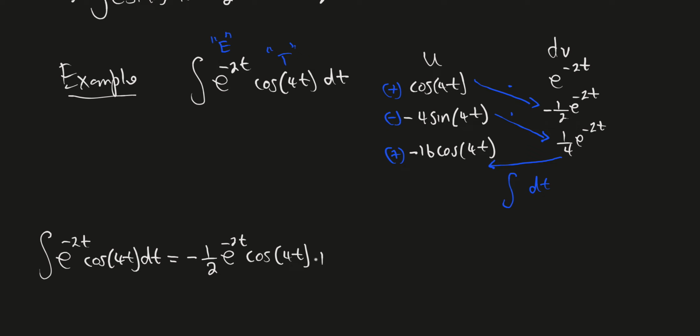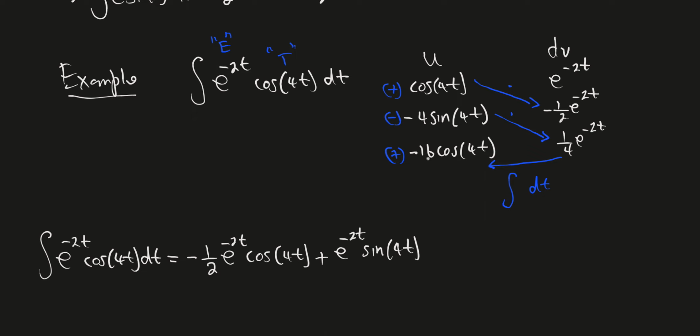So I'll have a positive e to the -2t sine of 4t, all right? And then the last bit now is where we're going to get the integral.